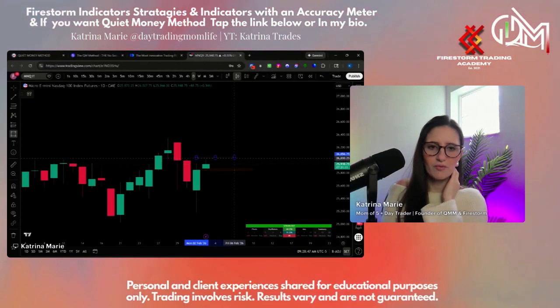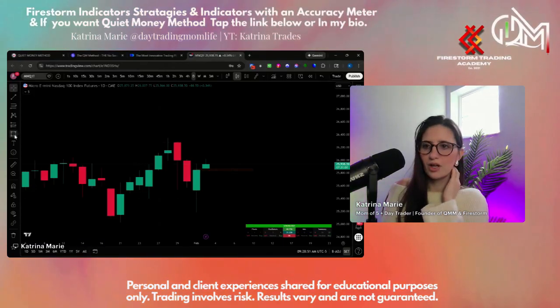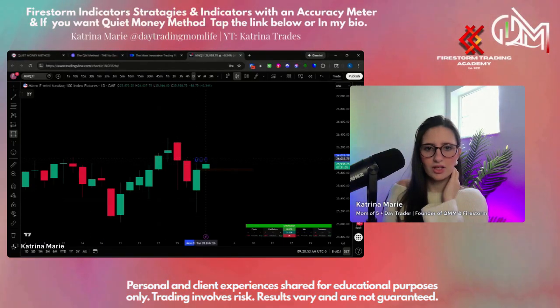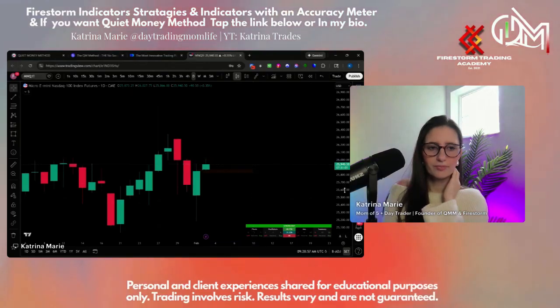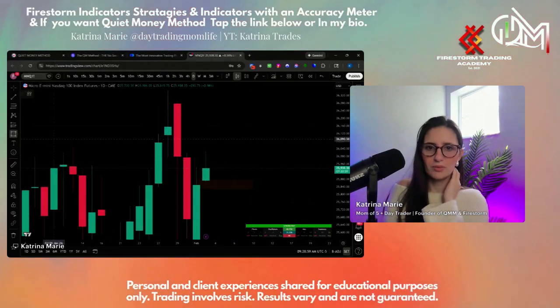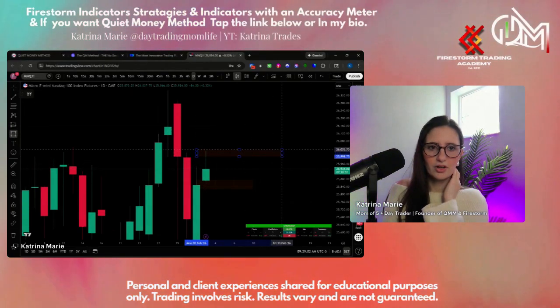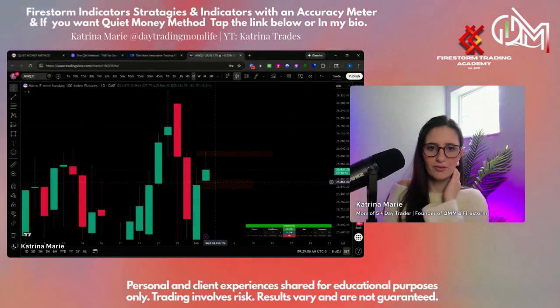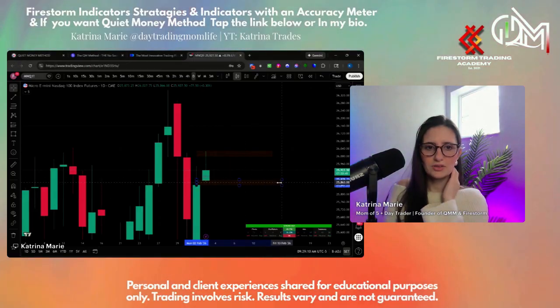If you know me, and when I used to live stream all the time, we would mark out our daily high. Can we actually get this correct today? I know it's a little one, but it must want me to make it bigger. Okay. Daily high, daily low. Make this a little bit smaller. And that is what I'm looking at today.